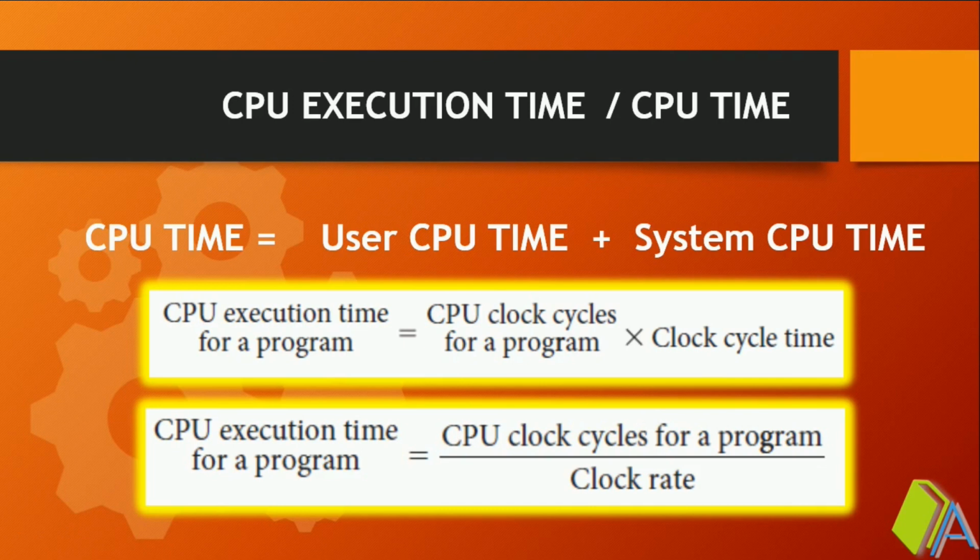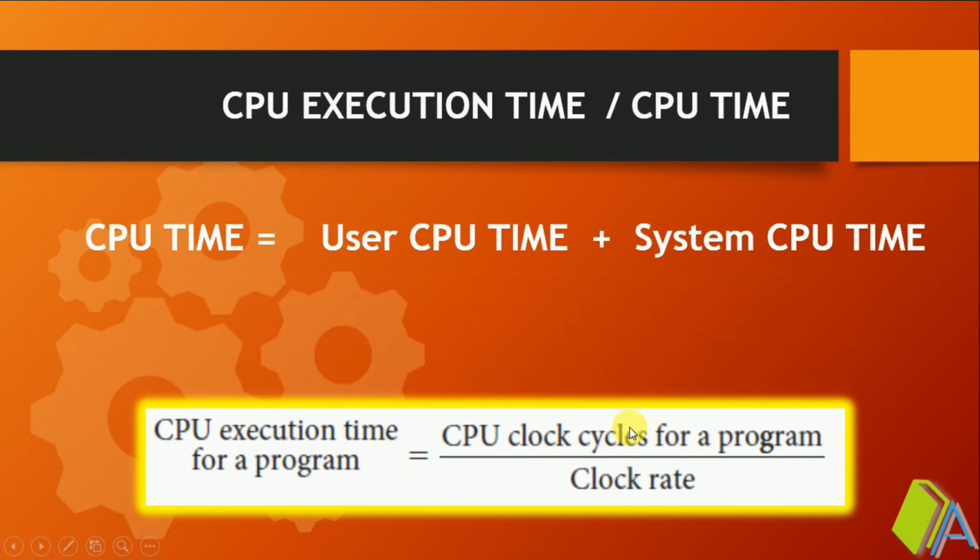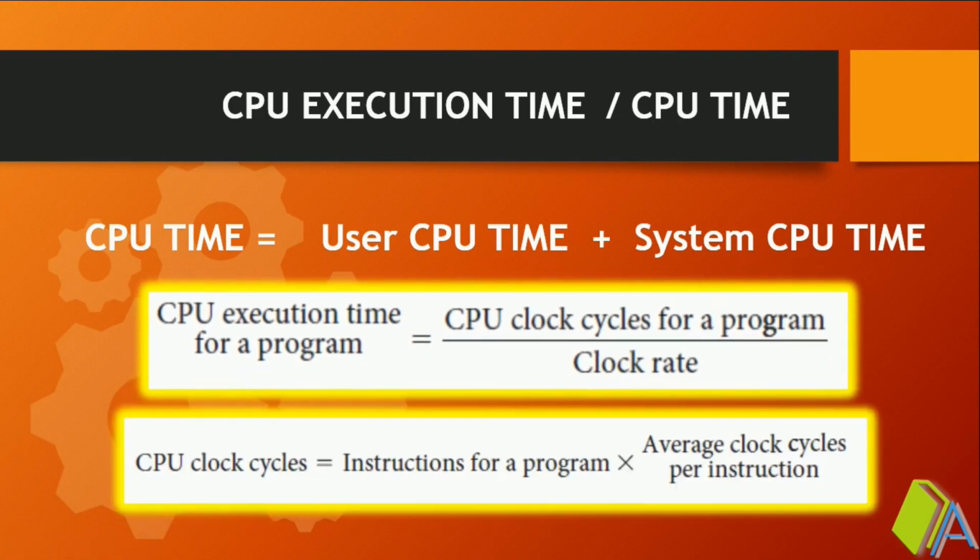So instead of clock cycles, if they have specified only the number of instructions as well as the average number of clock cycles required for executing each and every instruction, the equation will be modified like this. You have to find the expression for clock cycles, how to calculate the clock cycles for that particular program. So the equation is: CPU clock cycles equal to instructions of a program.